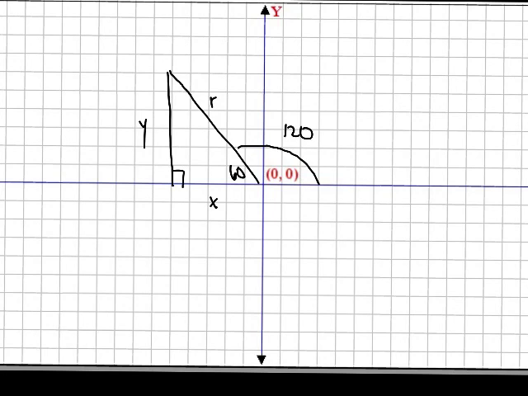So in this case, the x is a negative number, the y is positive, and the r will always, always, always be positive. And we can then, at this point, find our trig functions to this triangle here, and it will also be the same as the trig functions of a 120-degree angle.